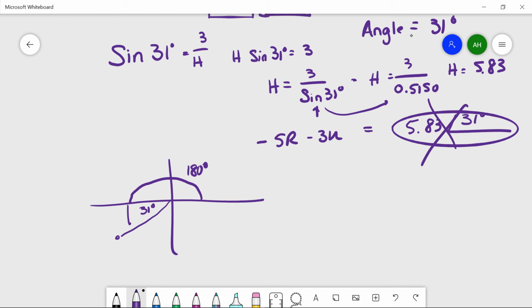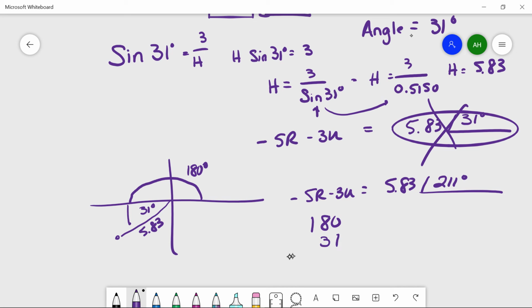This is wrong. So at my negative 5r minus 3u equals, this length is 5.83, but the angle is actually 211 degrees. That's that 180 plus the 31.